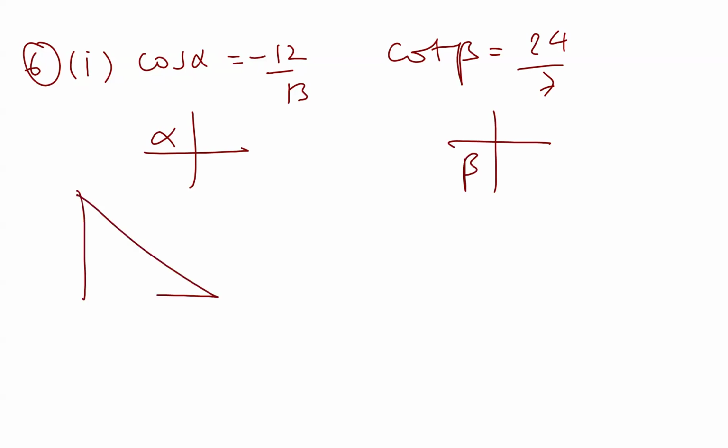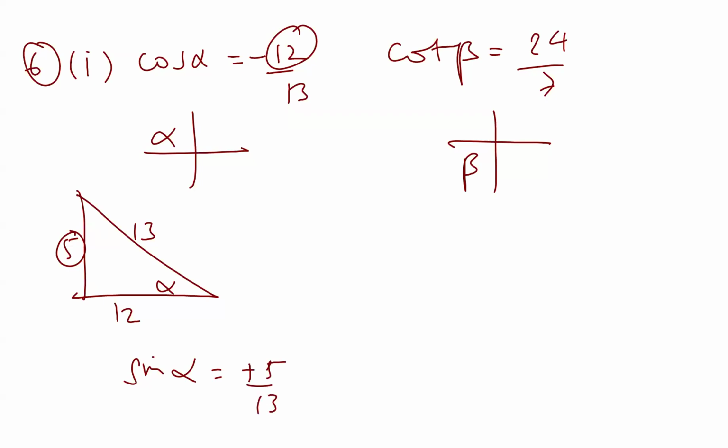So by triangle method, if this is alpha, cos is adjacent upon hypotenuse. So this will be 5. So sin alpha will be 5 by 13, and the positive sign will be there because sin is positive in the second quadrant.